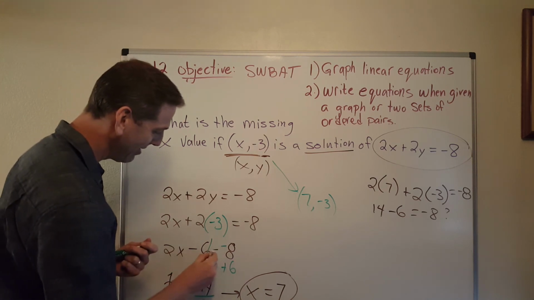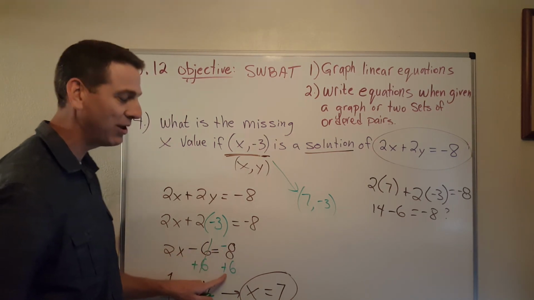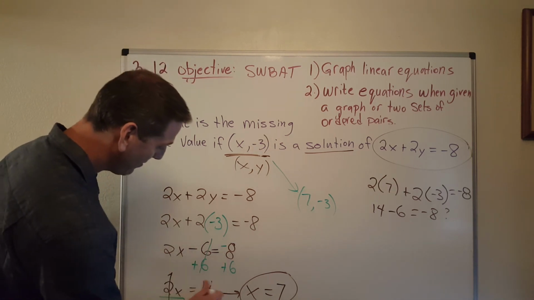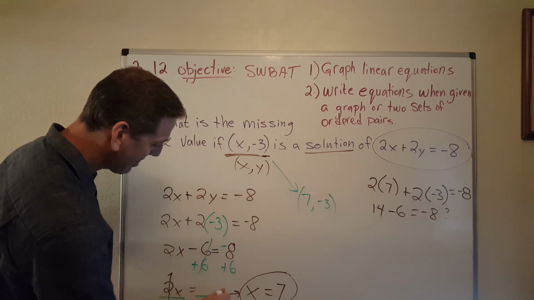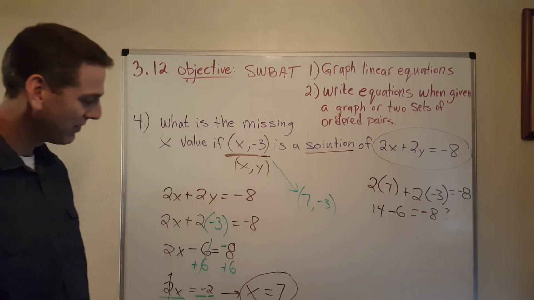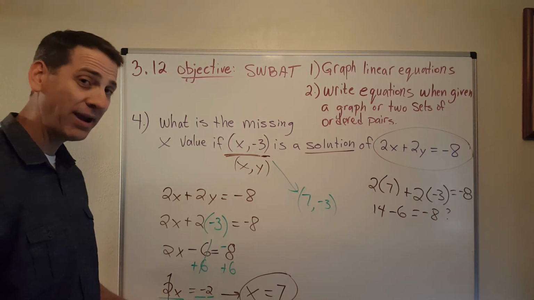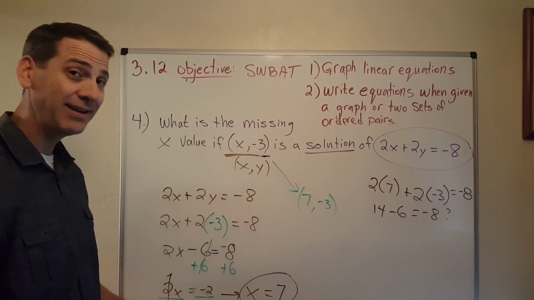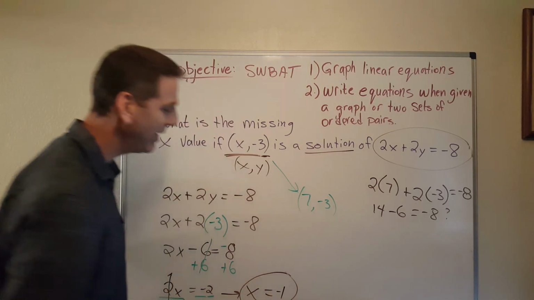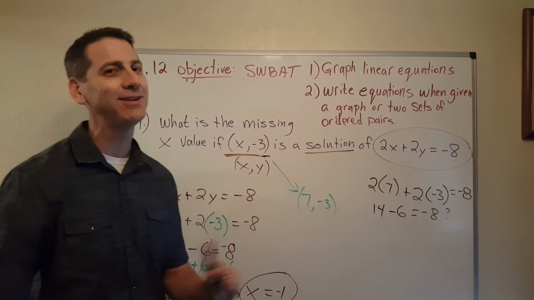Oh, man. So what's negative 8 plus 6? It's negative 2. Negative 2 divided by 2 is negative 1. Wow, it's amazing. One little negative sign changes everything.